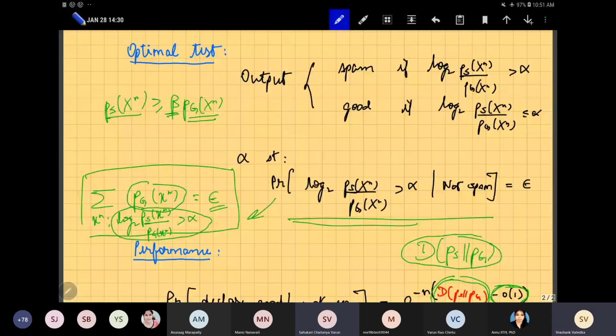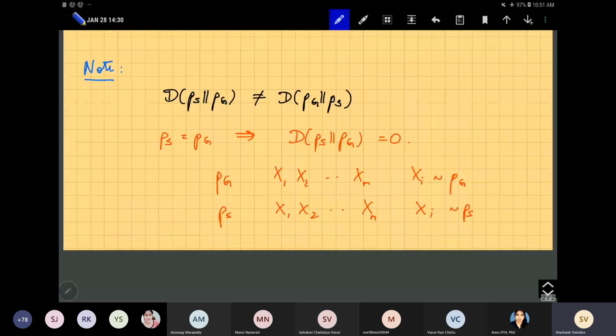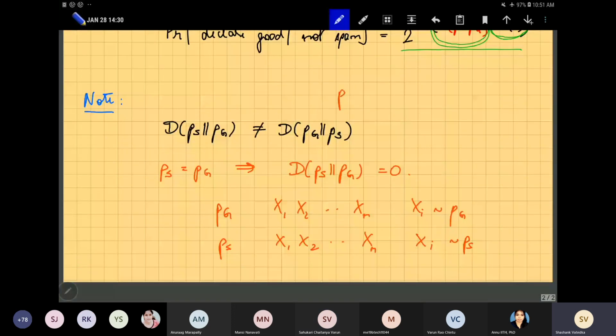All we demand is this: for every x, if there is an x such that PG of x is equal to 0, then it must be the case that PS of x is equal to 0.